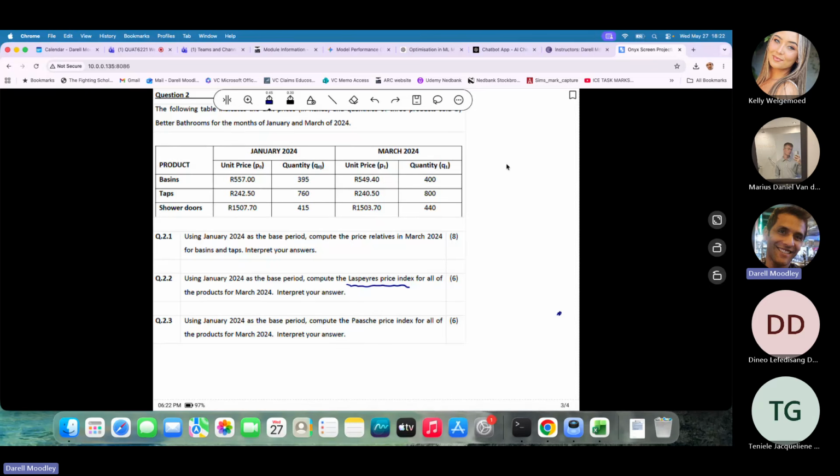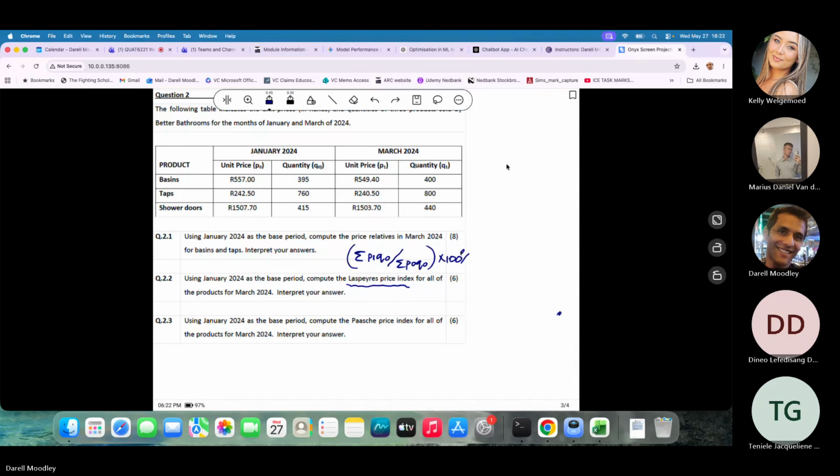The Laspeyres price index is simply the sum of P1 Q0, divided by the sum of P0 Q0, times 100%.